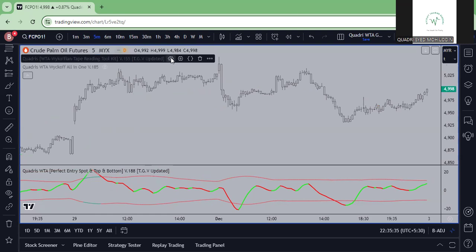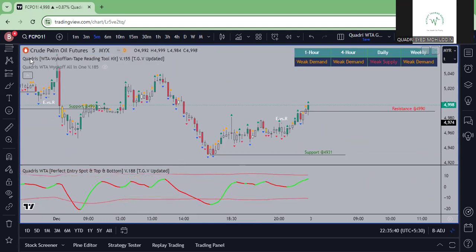Now, after this one, we have a tool called the tape reading toolkit. In this tool, red candles with blue triangles mean there is seller supply greater than demand, and green candles with green triangles mean demand greater than supply.